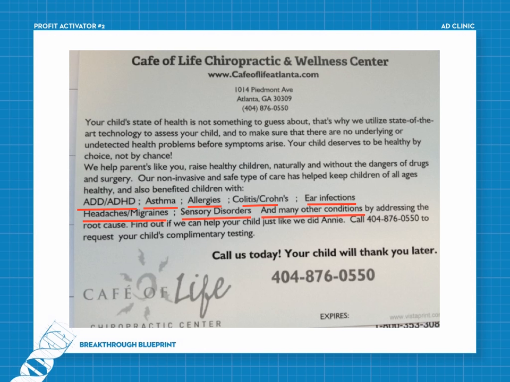So we talked about turning this into a postcard that was very specific about only ear infections, and instead of the cafeoflifeatlanta.com URL, having a website called nomoreearinfections.com that talked only about a free report you could get if your child has recurring ear infections.